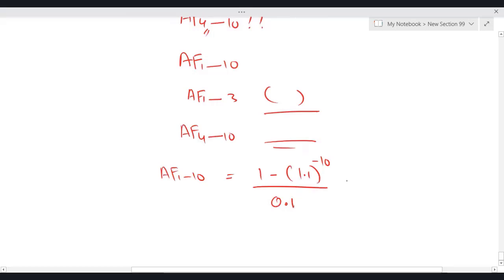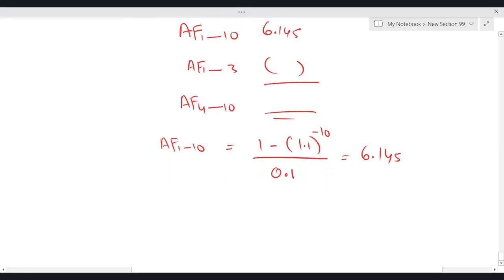Students, I'm getting 6.14456, which rounds to 6.145. Now simply deduct the annuity factor for the first 3 years.